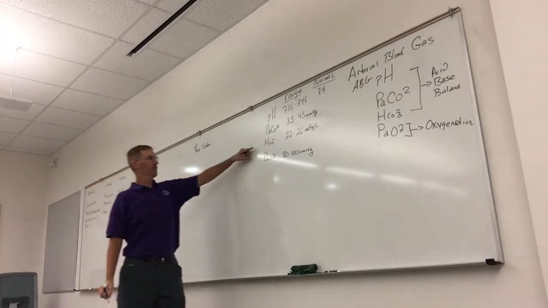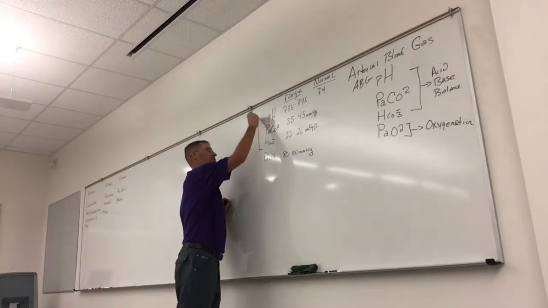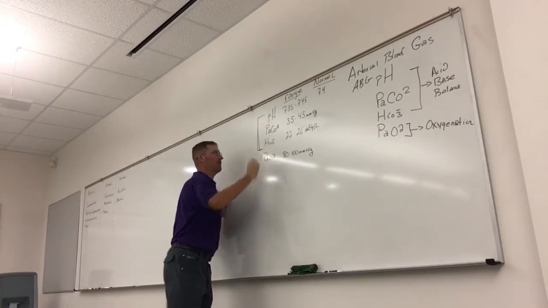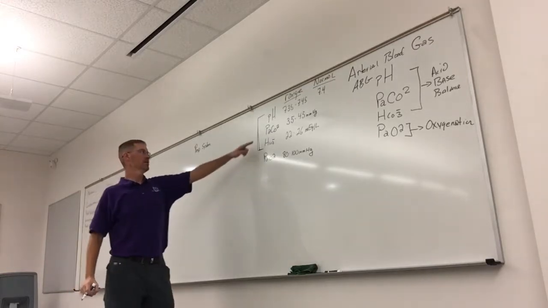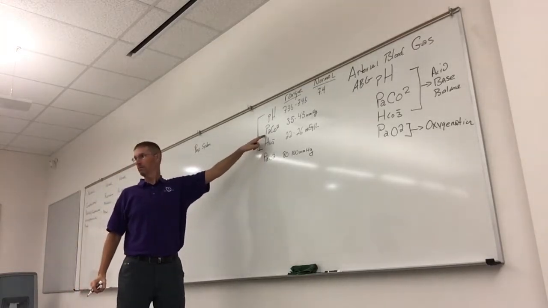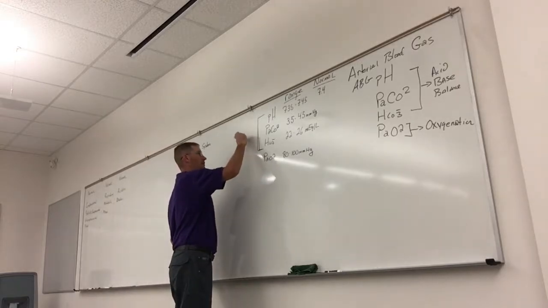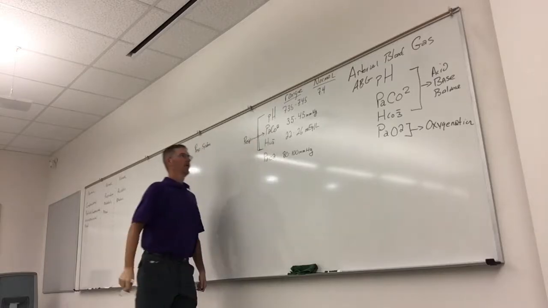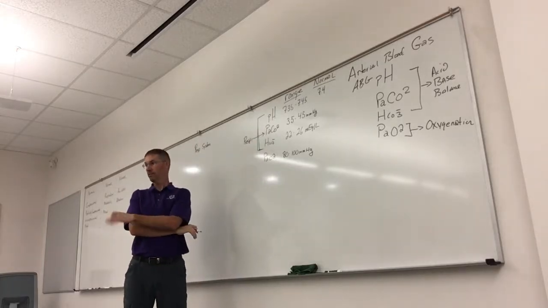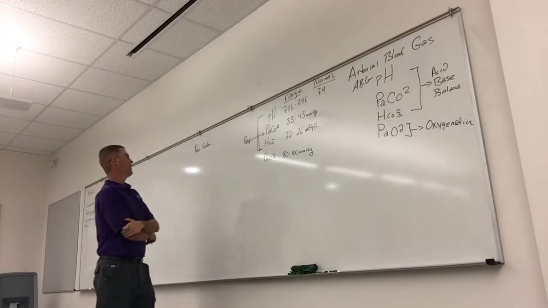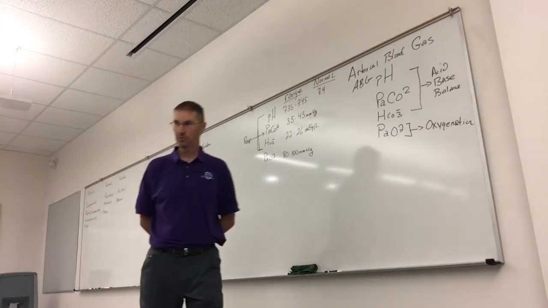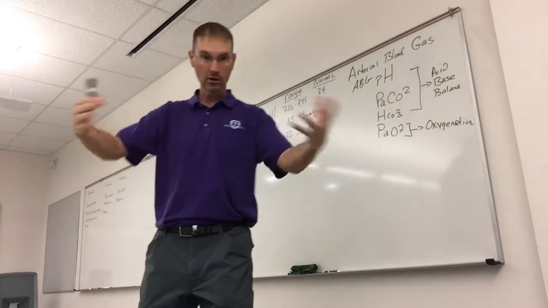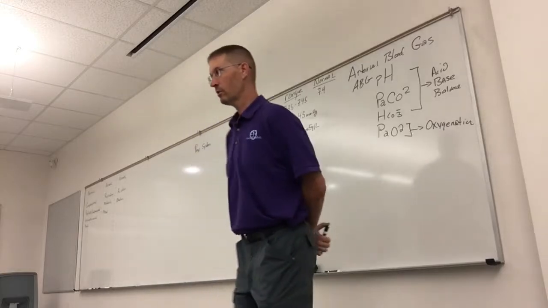Which of these three values, because these are the three values we look at for acid base, which of these three values represents the respiratory system? The CO2. Do you guys agree? All right, so the carbon dioxide tells us about the respiratory system. You guys good with that? All right. So that's one way that we can get to an acid-base imbalance, is have a problem with the respiratory system. Why? Because carbon dioxide gets turned into an acid, right? Gets converted to an acid.